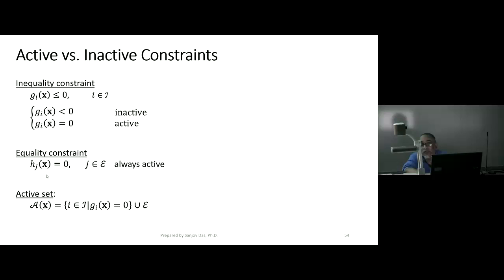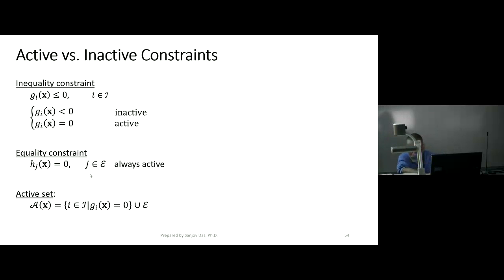h_j is greater than or equal to 0 and h_j is less than or equal to 0. Correct? And when I say h_j equals 0, it means that the greater than or equal to condition and the less than or equal to condition both are borderline cases, right?